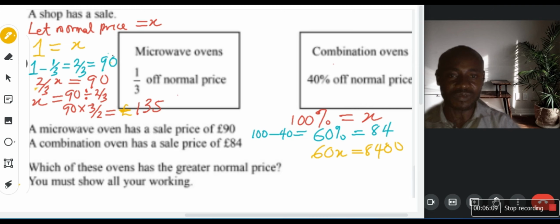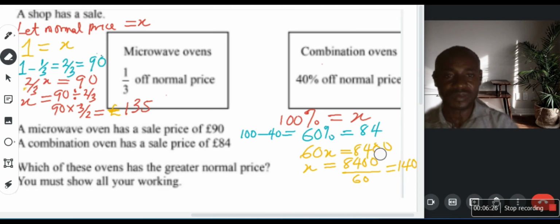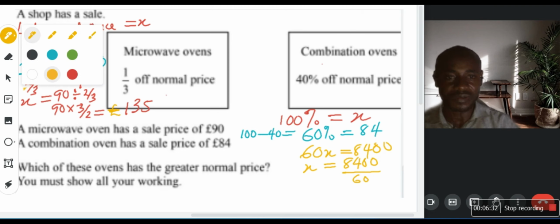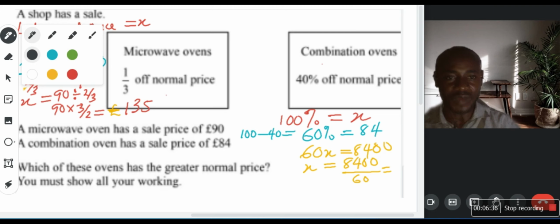Now to find X, we do X equal to 8400 divided by 60, and that gives 140 pounds.